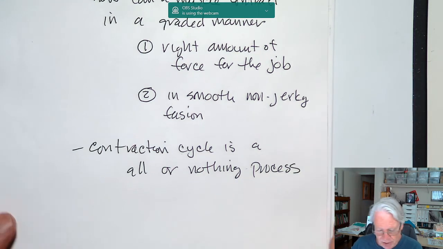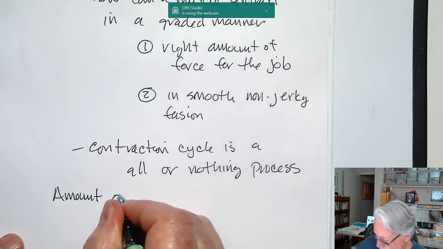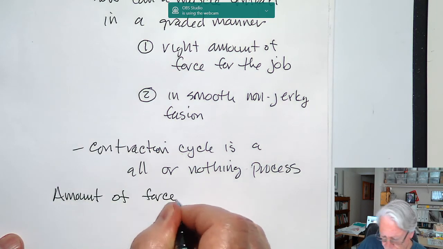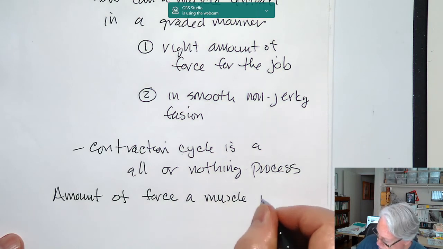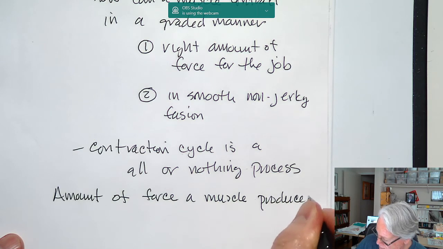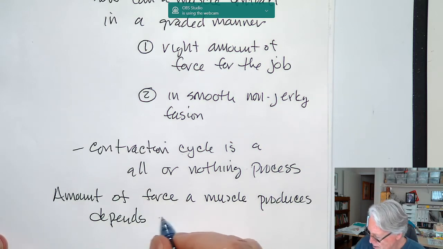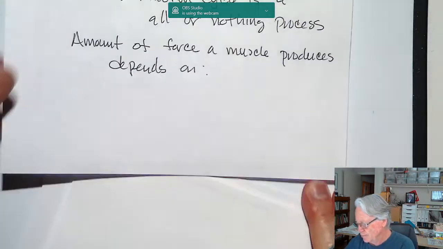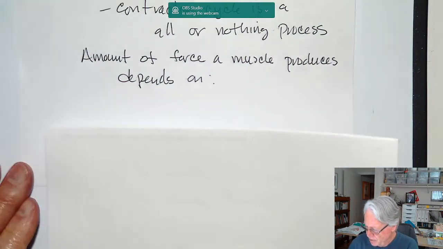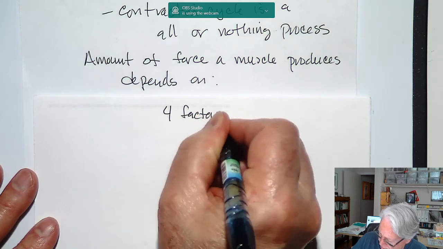Okay. So let's begin with making a list of those things that accomplish these two jobs, these two goals. The amount of force a muscle produces depends on the following four factors. Four factors.